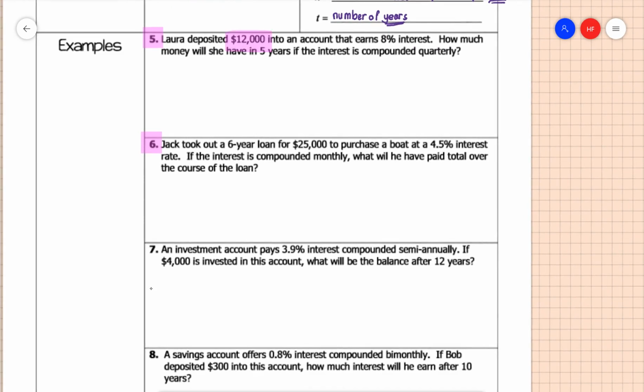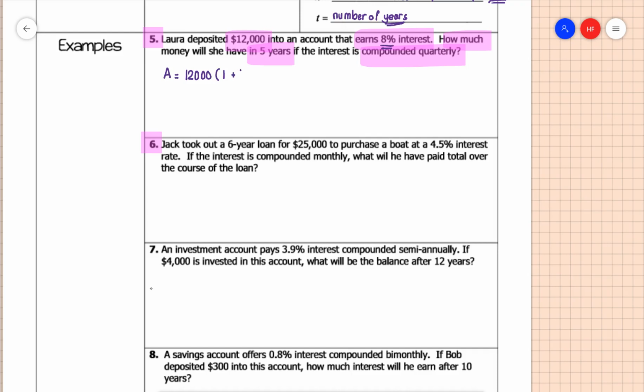Laura deposited $12,000 into an account that earns 8% interest. How much money will she have in 5 years if the interest is compounded quarterly? So we've got this formula. Principal amount, she deposited that $12,000. Now her rate as a decimal, we've got 8%.